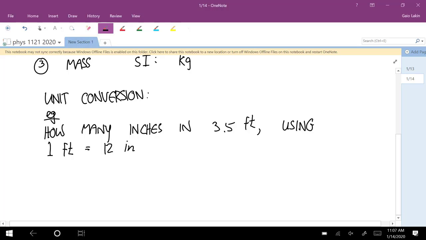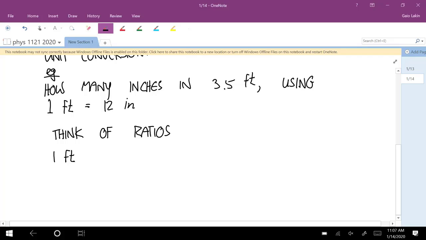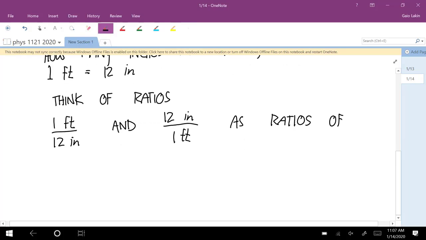But the way that works is, think of this ratio, 1 foot over 12 inches, and 12 inches over 1 foot, as a ratio of equivalent quantities, and therefore they're equal to 1.